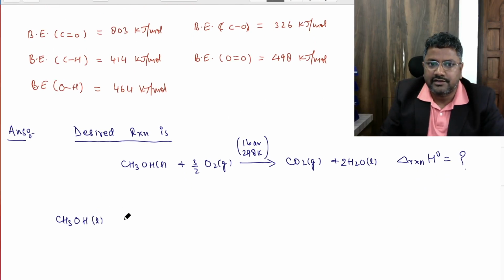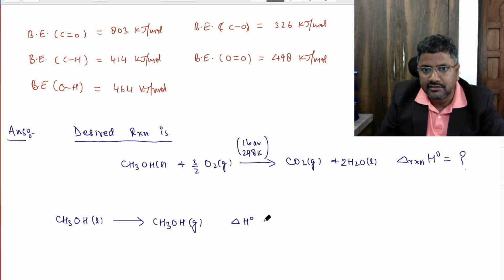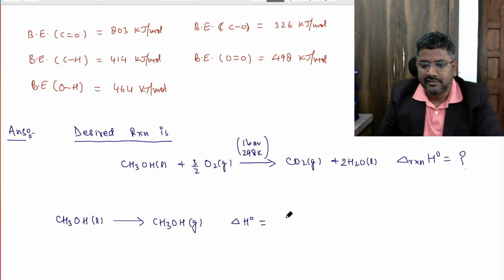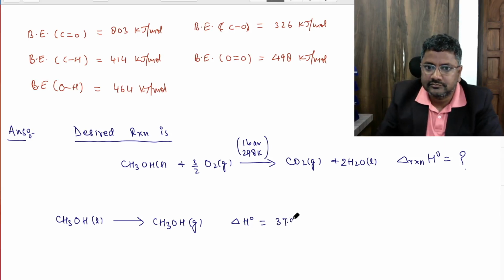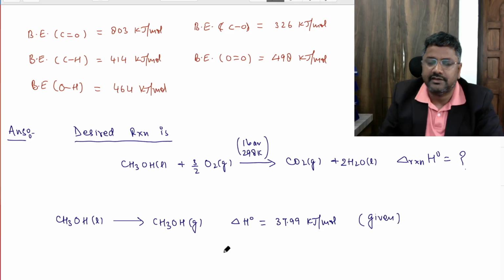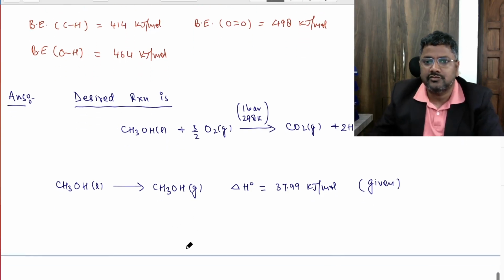CH3OH liquid to CH3OH gas, and delta H vaporization is given, I think, for this, that is 37.99 kilojoules per mole. It is given, right? So we can say this is equation 1.